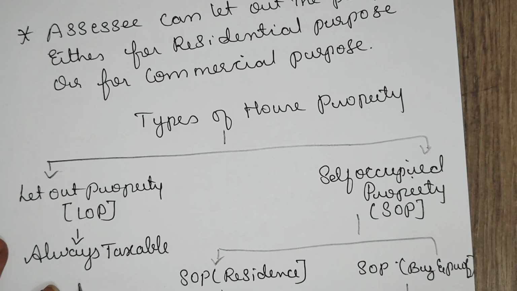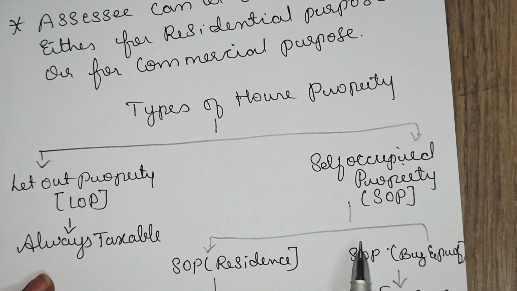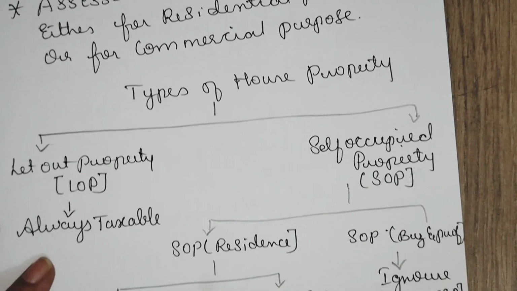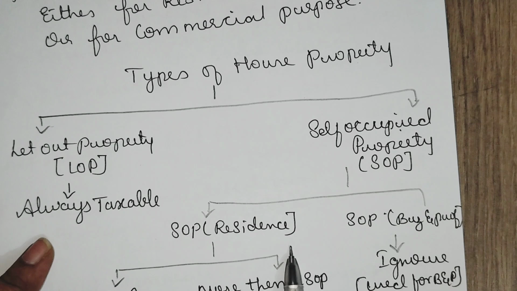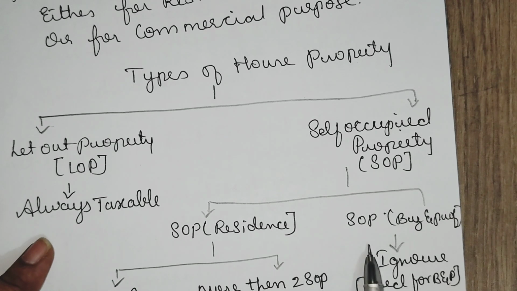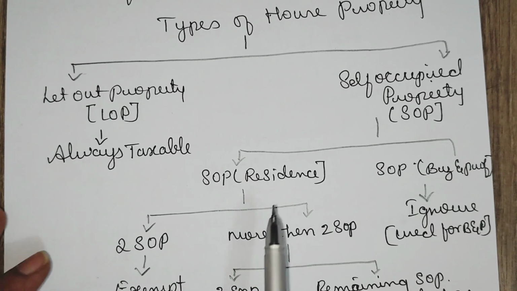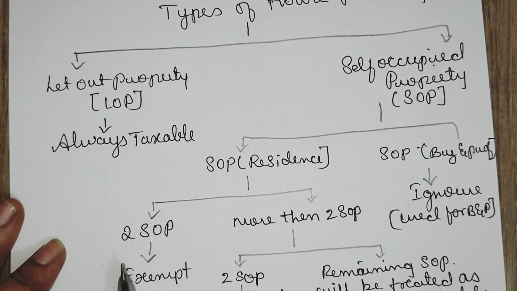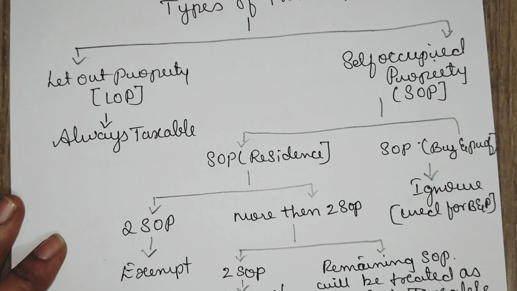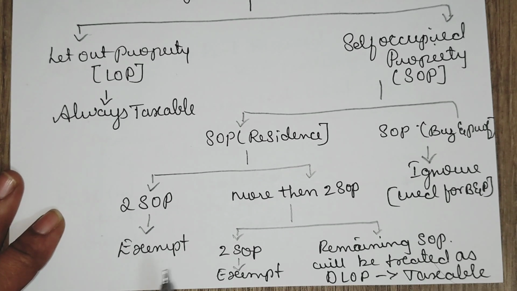LOP is always taxable. There are no exemptions. For self-occupied property, we have self-occupied property for residence and self-occupied property for business and profession. Two self-occupied properties will be exempted from tax. There is no tax.